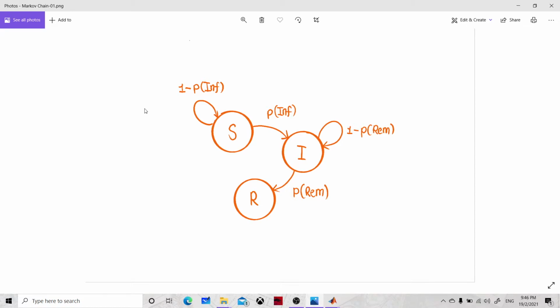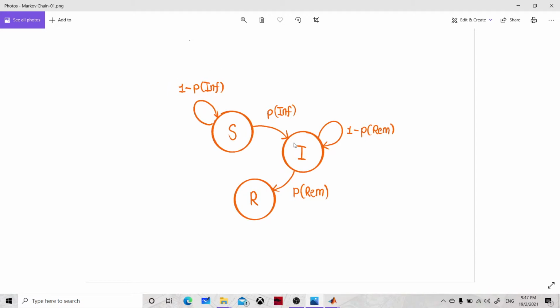What's on the screen is the Markov chain that I was talking about. As you can see, we have three nodes, the S, I, and R nodes, based on our model. What this Markov chain tells us is that a susceptible can be infected with the probability of P infected, or the susceptible will stay susceptible with the probability of 1 minus P infected, and this is the axiom of probability.